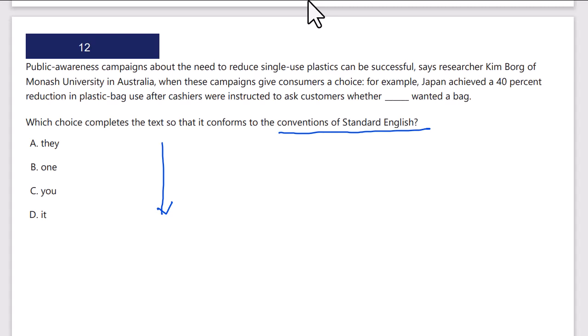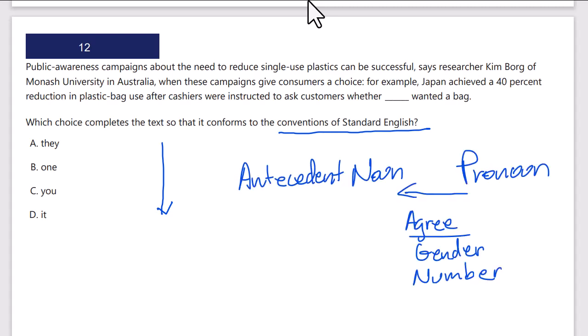I've identified this as a pronoun use issue, and pronouns always agree with their antecedents in number and gender. So we always have to check whether my pronoun, they, one, you, it in this case, agrees with the antecedent noun. Remember, pronouns, with the possible exception of indefinite pronouns, always refer back to a regular antecedent noun.